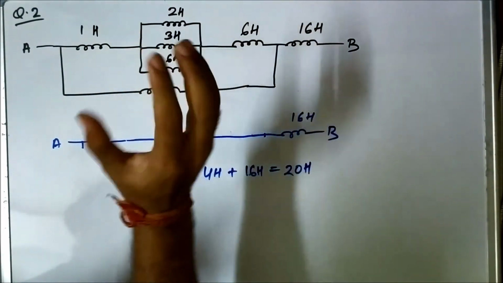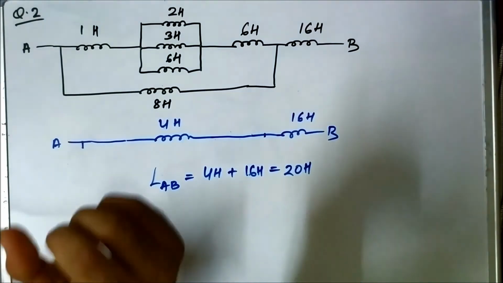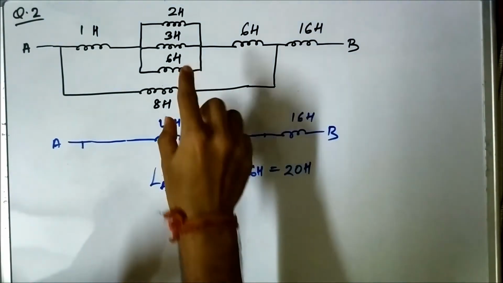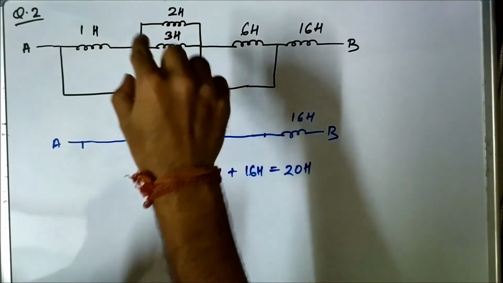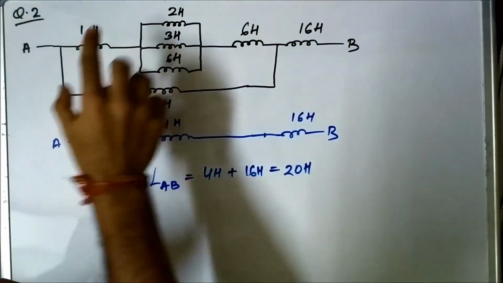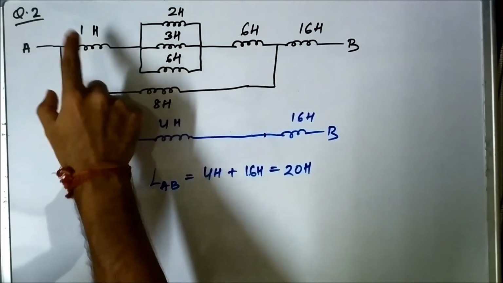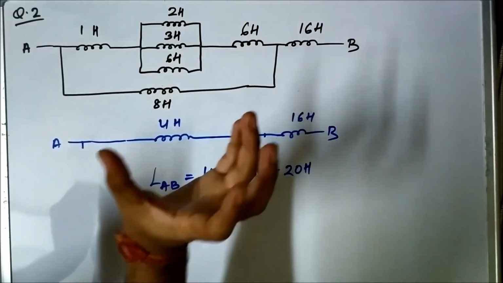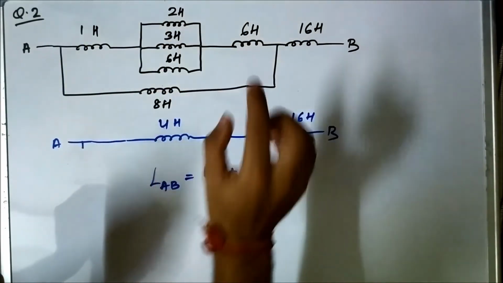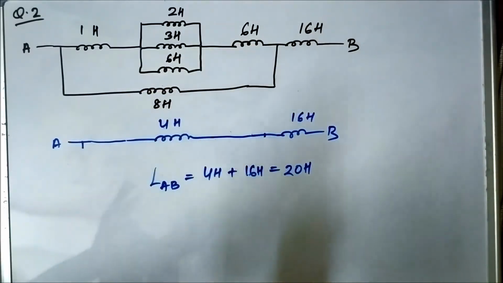So let us first reduce them together and convert them into one inductance by calculating the equivalent parallel inductance. Now after calculating that, the resultant of these three inductances and this 6 Henry will be connected in series.